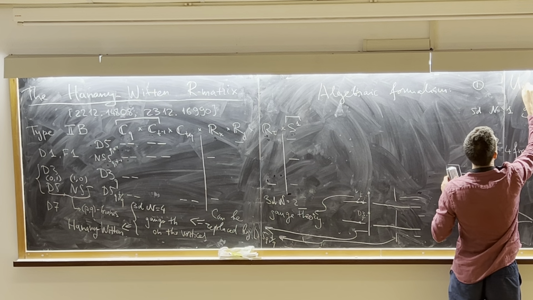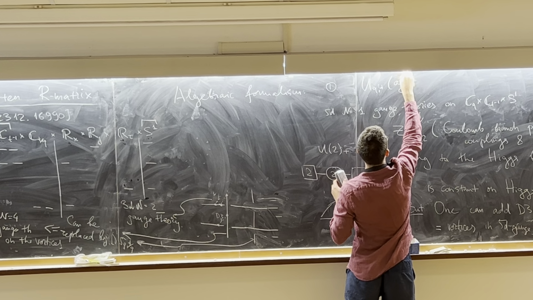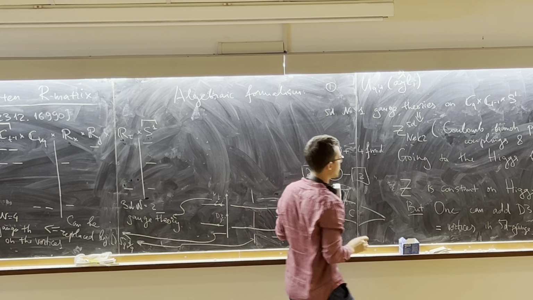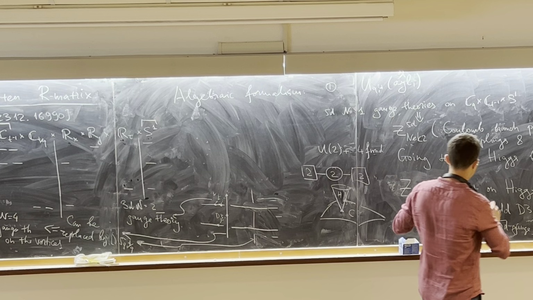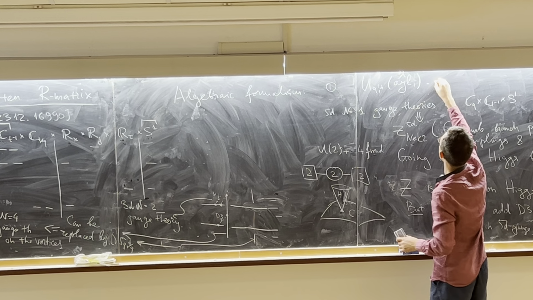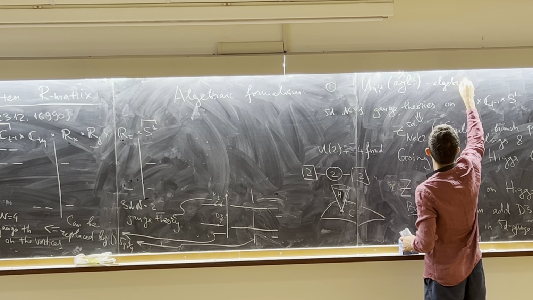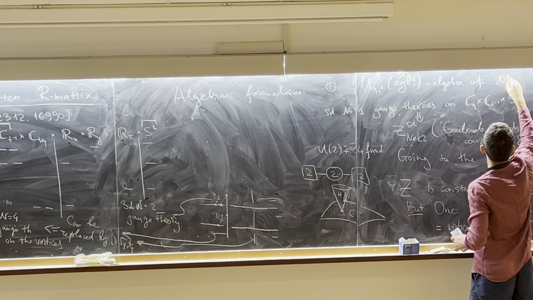So the algebra is this quantum toroidal algebra. I'm not going to write any commutation relations or generators. It's just a huge algebra. That's what is important to know. And this is the algebra of D1 and F1 branes.